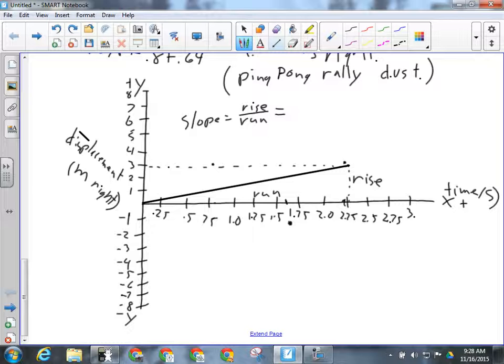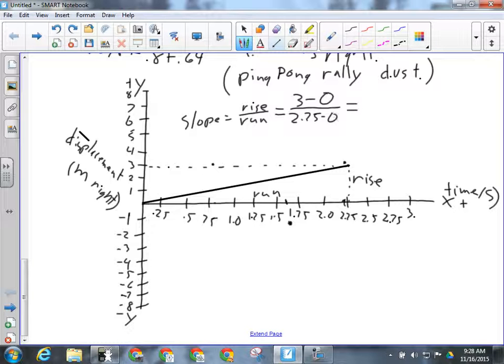Okay, 3.0 minus, what was my starting point? 0, right? The y value right here is 0. So I'm essentially going 3 minus 0 divided by 2.25 minus 0.